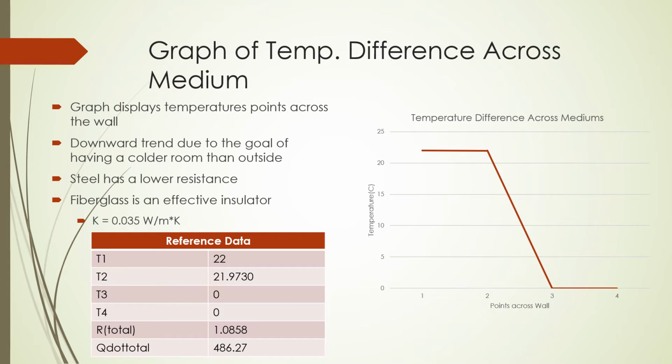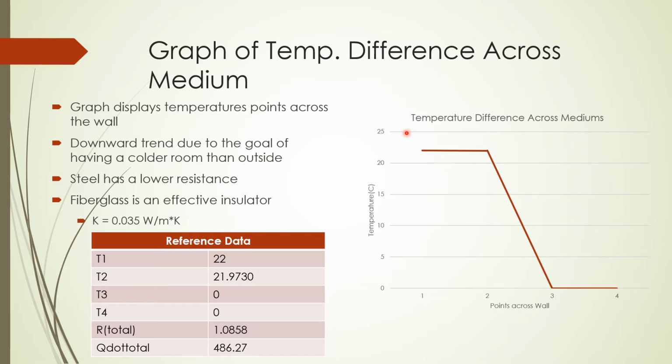Okay, here we are. This is the analysis of the wall. The graph here displays temperature points across the wall. So 1, 2, 3, and 4. And as you can see here, there's a big downward trend, which is good because when I originally talked about the goals here, we wanted the inside of the wall to be cooler.